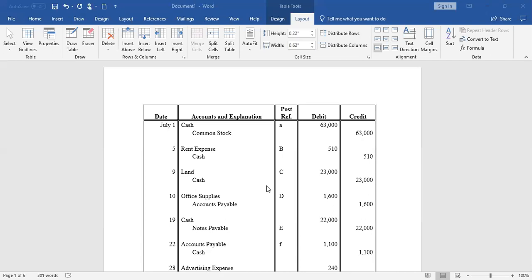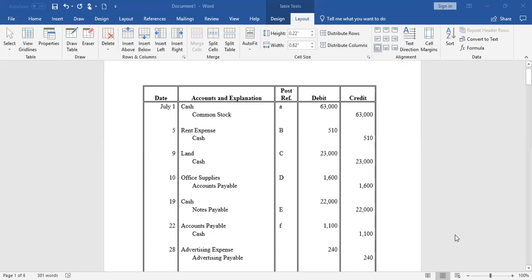on the 28th, the business received a bill for advertising in the daily newspaper to be paid in August, $240. So they advertised in the paper. They got the bill, and now they're going to pay it, not now, but next month. So we definitely have advertising expense because advertising is the service we receive to provide our product or service.